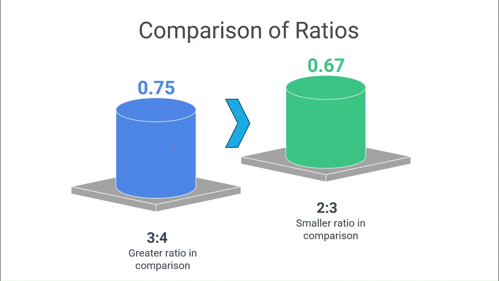So till now we understood what a ratio is, how we represent them, and what kinds of types we have. Representation, we did it like this, or 2 by 3, or 2 to 3.